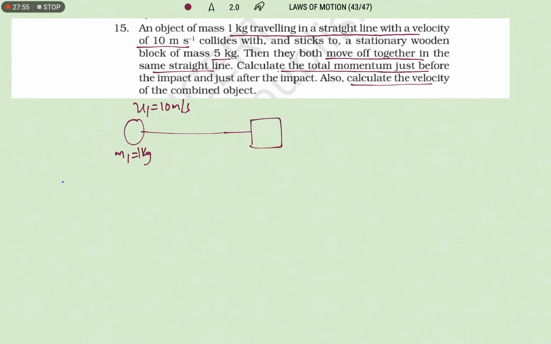So this body collides and sticks to the other body, which is initially at rest, that means u2 equals 0. The mass of the wooden block is given as 5 kg. After collision, both the bodies stick together and move with a common velocity.